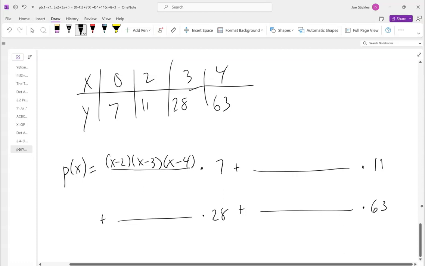Okay. What about at 11? I want it to be 0 when? 0, 3, and 4. Okay, so what do I need to put on top? X minus 0. Yeah, I'll write it as x minus 0, so I can just have an x. That's good. And the next ones? Good. Yeah, exactly right.